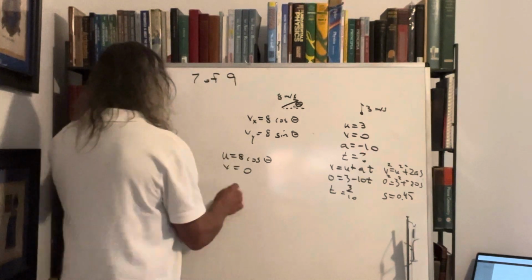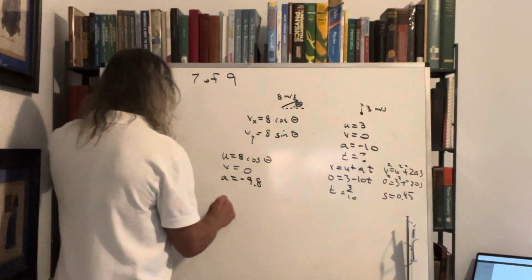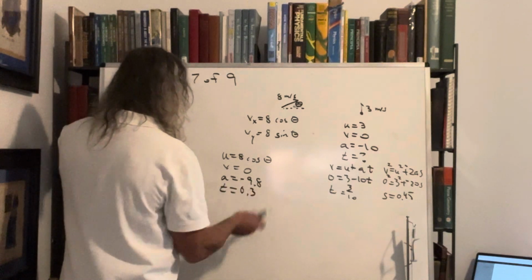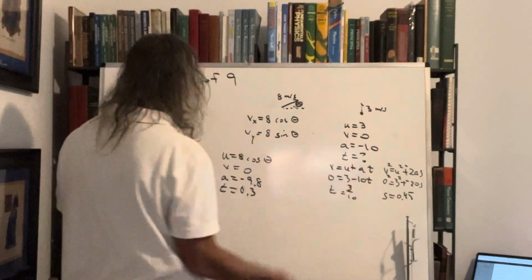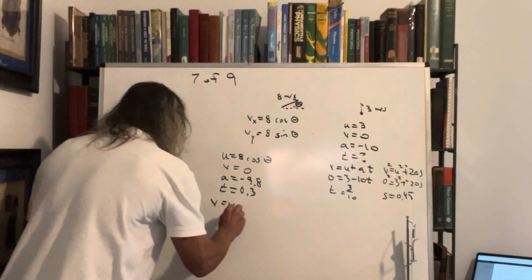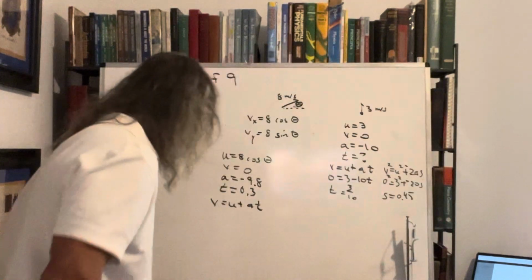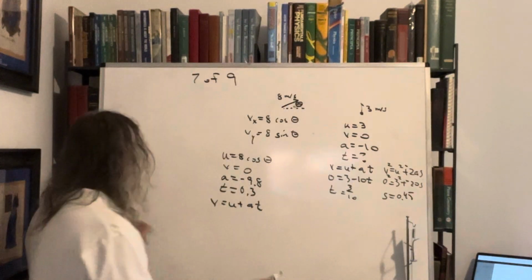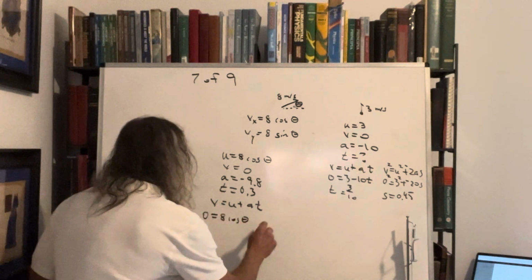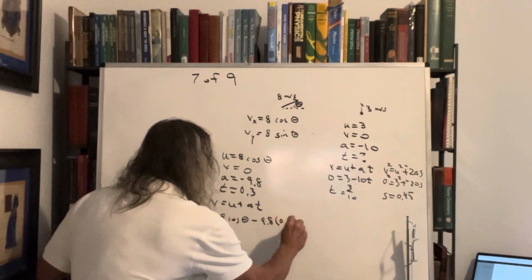Then A is -9.8, T is 0.3, so we can just use that. I don't need to use that, I guess. And so, which equation, then 0 equals 8 cosine theta minus 9.8 times 0.3.